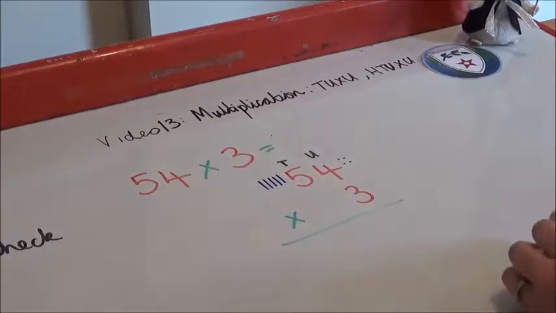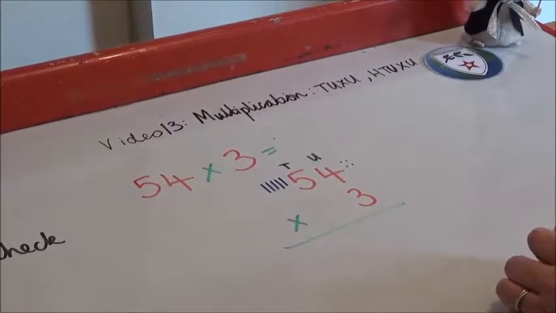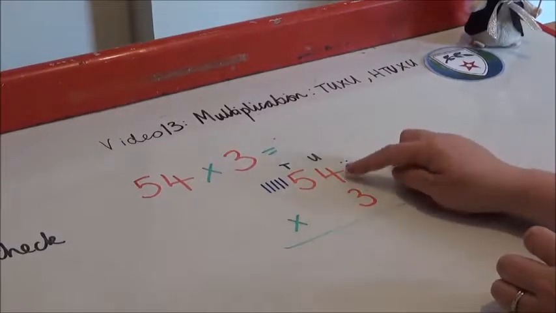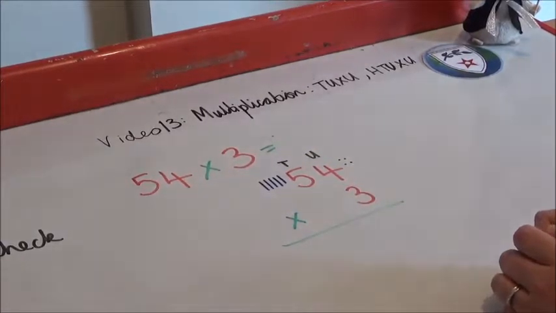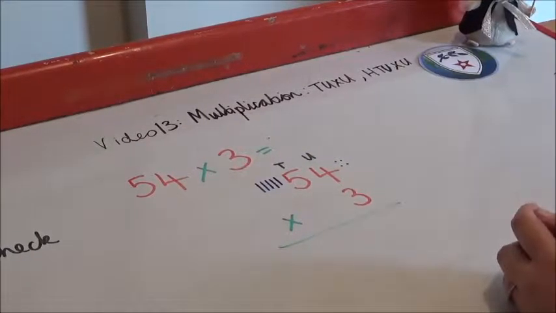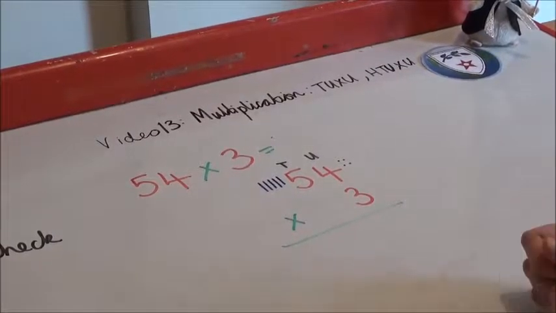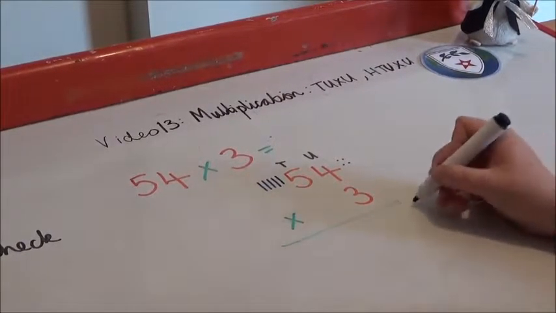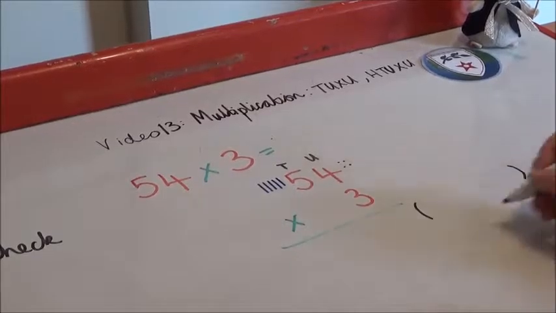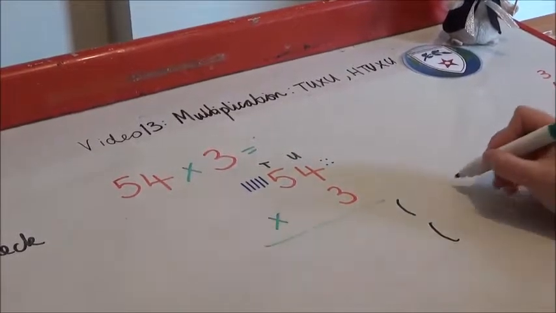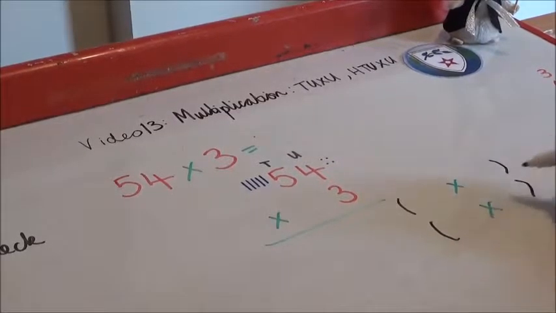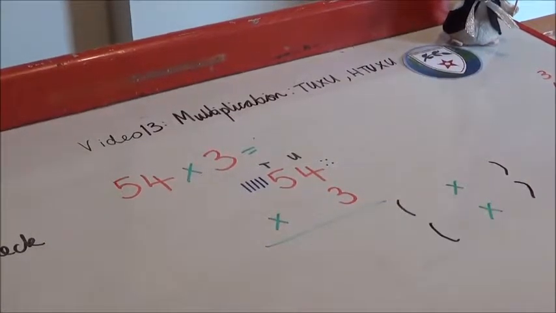Now, what we've got to do to make this easy for ourselves is to multiply 4 and 3 and then 50 and 3. That's called partitioning, when we break something apart. So, I'm going to put some brackets down here, and I'm going to partition 54.